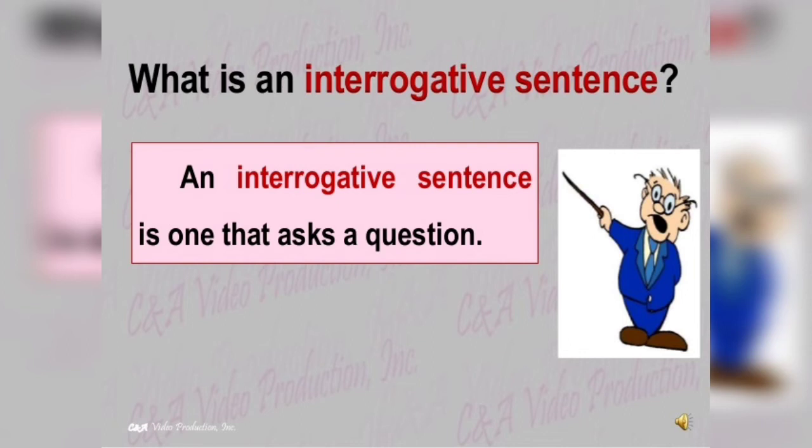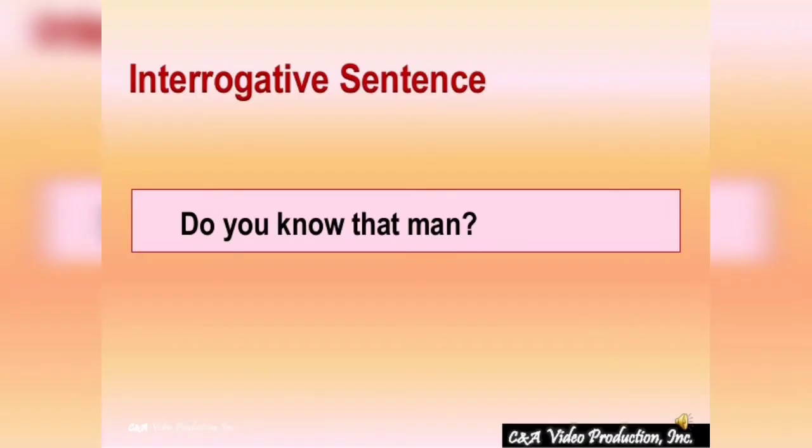Whenever we ask a question, that means it is an interrogative sentence. Let us understand with the example. Do you know that man? Here you see, at the end of the sentence, we have put a question mark. But here the question has not begun with WH.